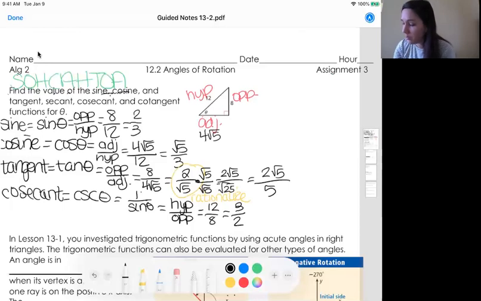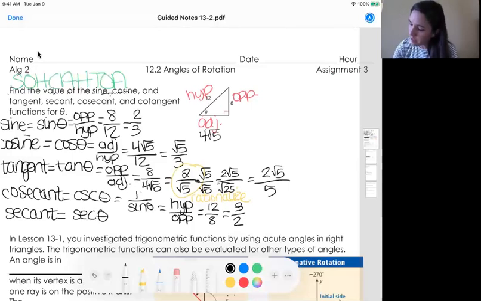All right, then we have our secant. Secant we abbreviate with SEC of theta. Secant is 1 over the cosine of theta. So if cosine is adjacent over hypotenuse, secant is hypotenuse over adjacent.